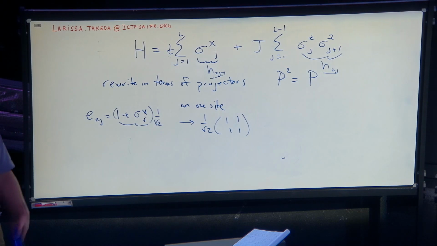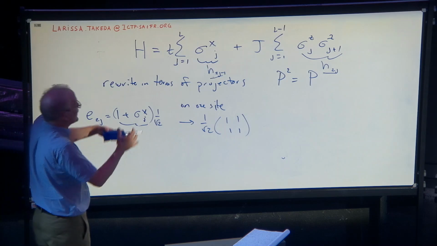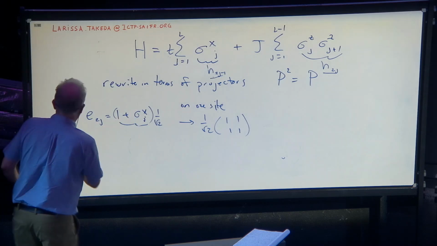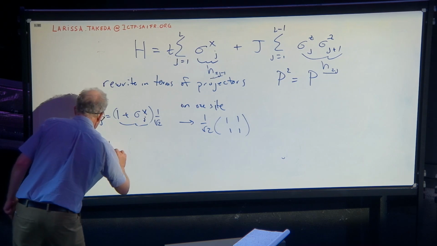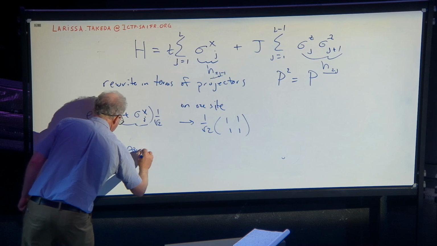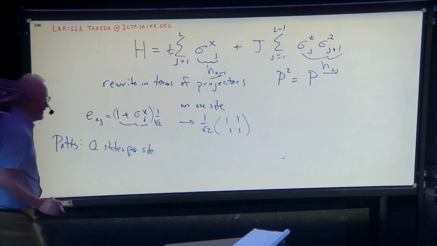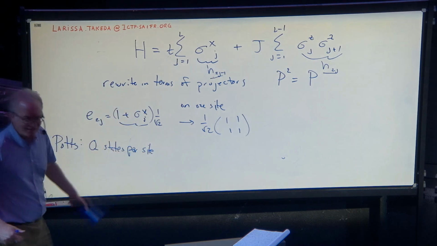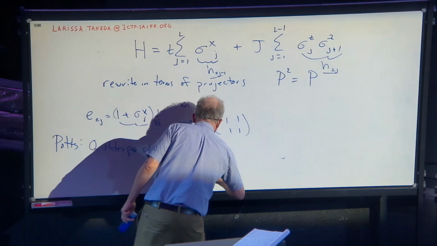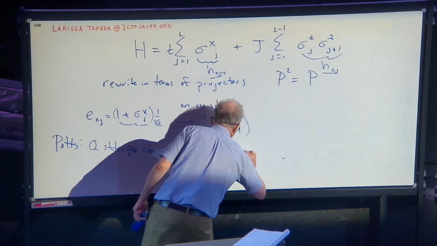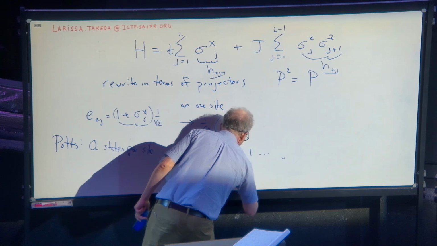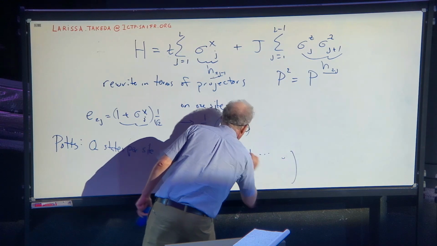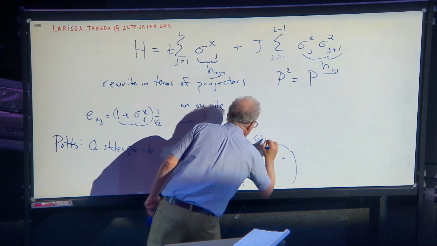So now for the Q-state Potts model, you take the Ising model, and instead of having 2 states per site, in the Potts model you have Q states per site. And then for our generalization of E, you take the obvious thing. You take 1 over square root of Q times the Q by Q matrix with all ones.